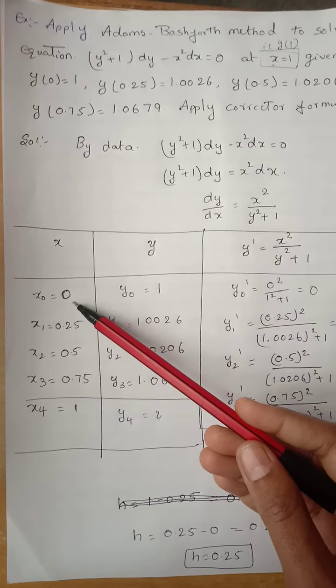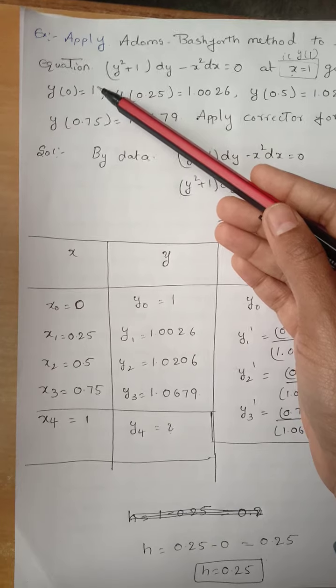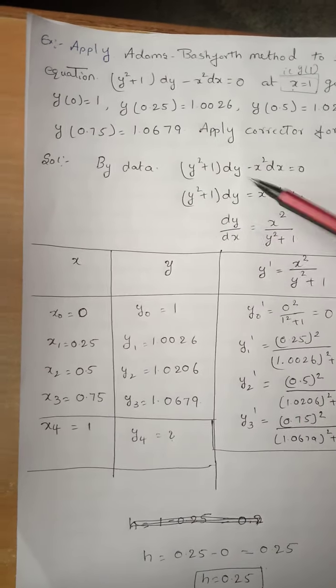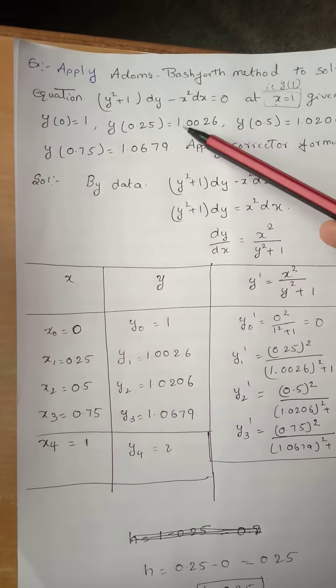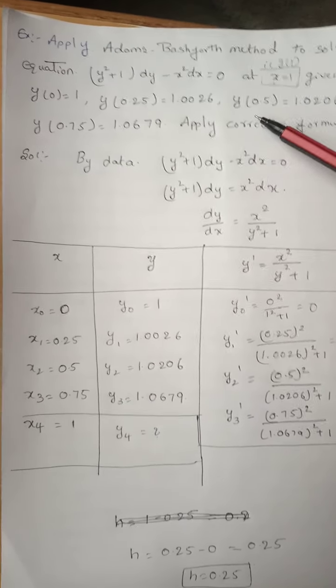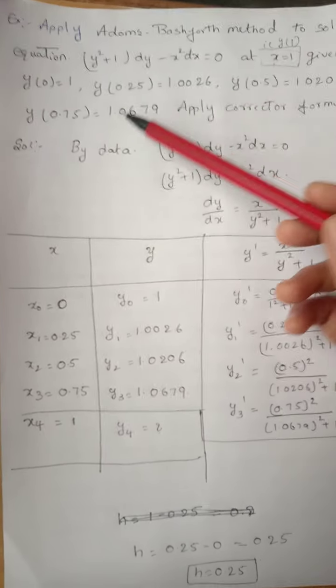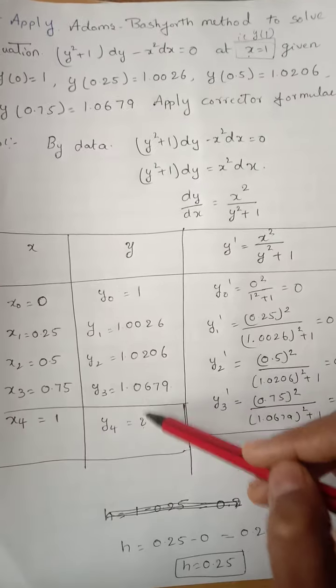The first value we denote as x0, that is 0, and the corresponding y value is y0, that is 1, and again x1, that is 0.25, the corresponding y value, again x2 0.5 and the corresponding y value, and again x3. So these are the given values.